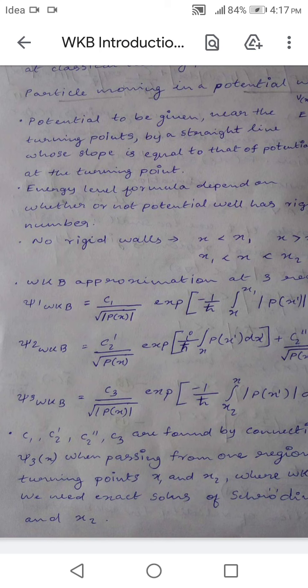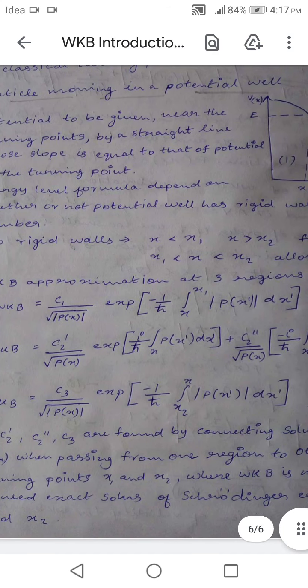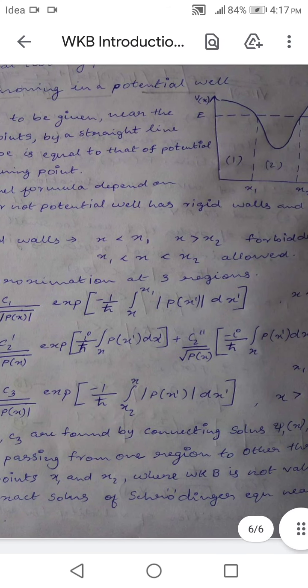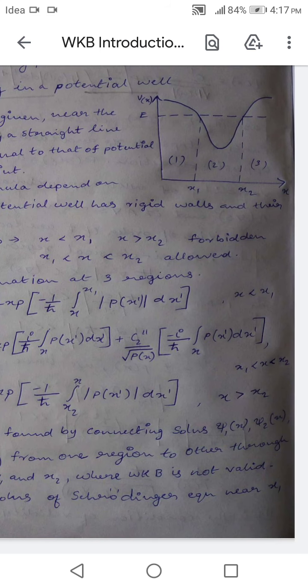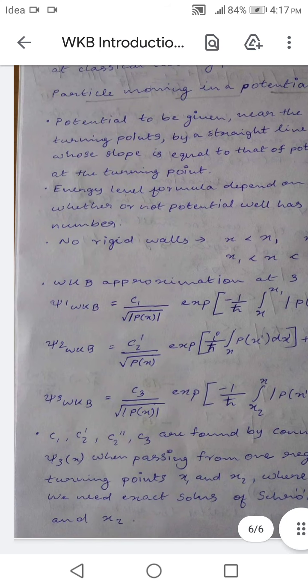Psi 2 of WKB equals C2 dash by root of p of x, exponential i by h cut integral of p of x prime dx prime, plus C2 double dash by root of p of x, exponential minus i by h cut integral of p of x prime dx prime, in the region x1 less than x less than x2.